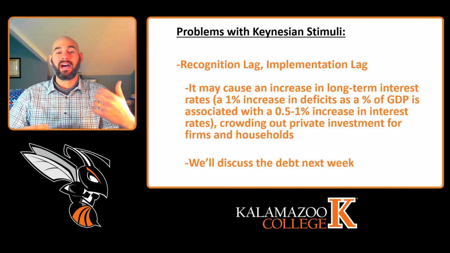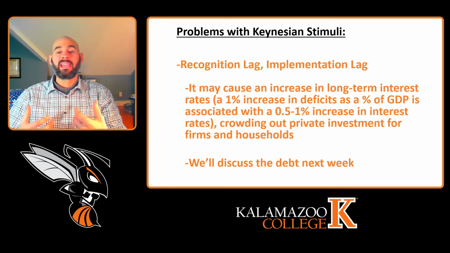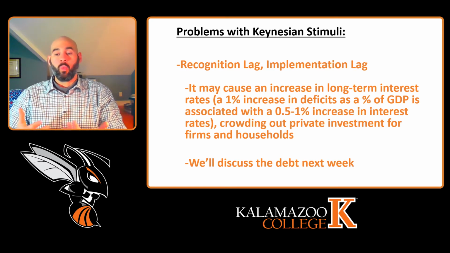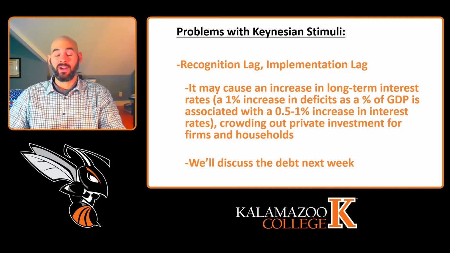And so there have been some findings that a 1% increase in deficits, the annual difference between government tax revenue collected and government spending, may lead to a change of about 0.5 to 1%. So for every 1% increase in deficits as a percent of GDP, we may see a 0.5 to 1% increase in interest rates.